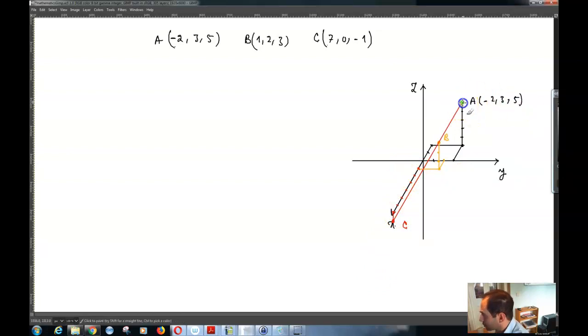There's point A that goes through the line, point B that goes through the line, and this point C that also goes through the line.